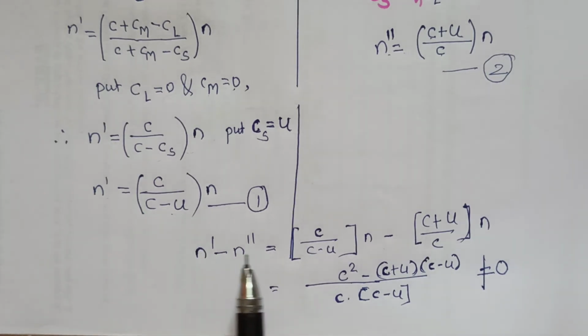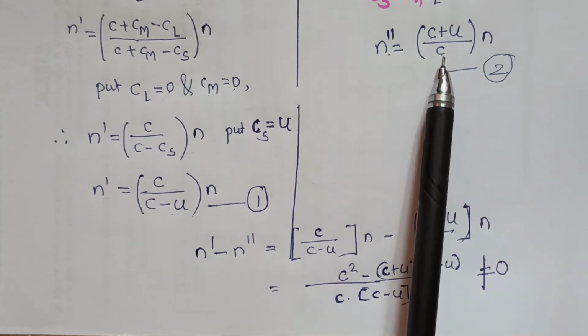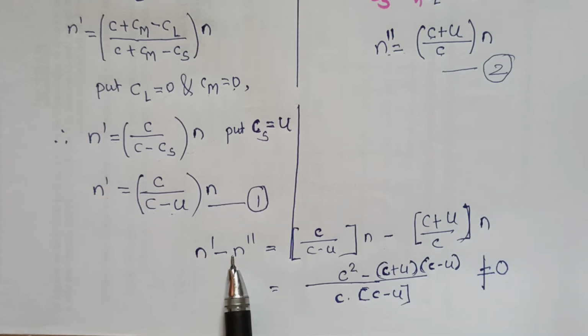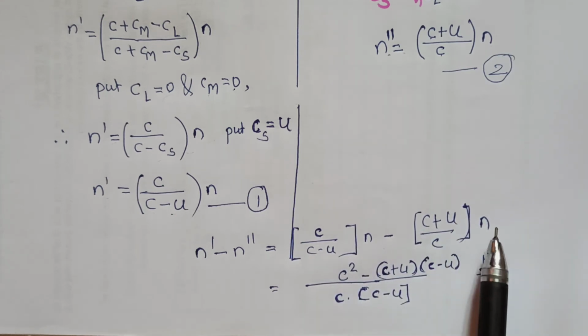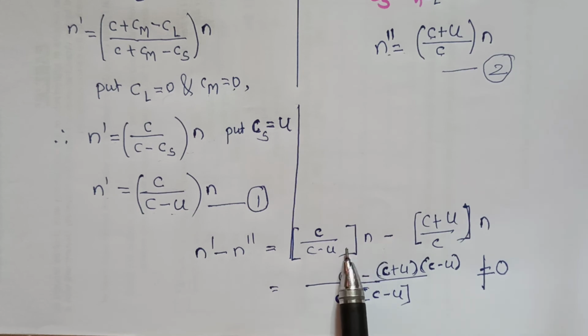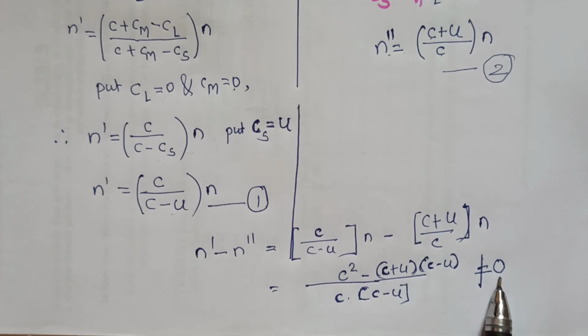n dash minus n double dash: this is the value of n dash, and here n double dash. Subtract from each other, then we get C upon (C minus u) into n minus (C plus u) upon C into n. Simplifying this, the result is not equal to 0.